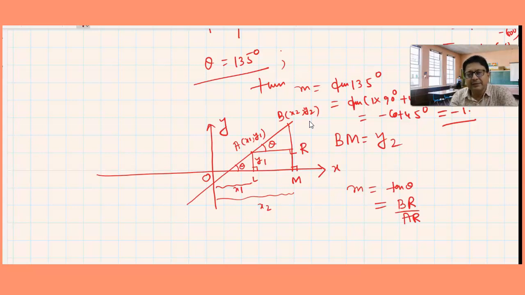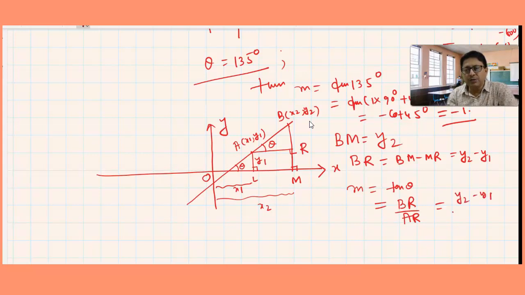What is BR here? You all can see that BR is nothing but BM minus MR. What is MR here? MR is y1 and BM is y2. So this part is y2 minus y1.